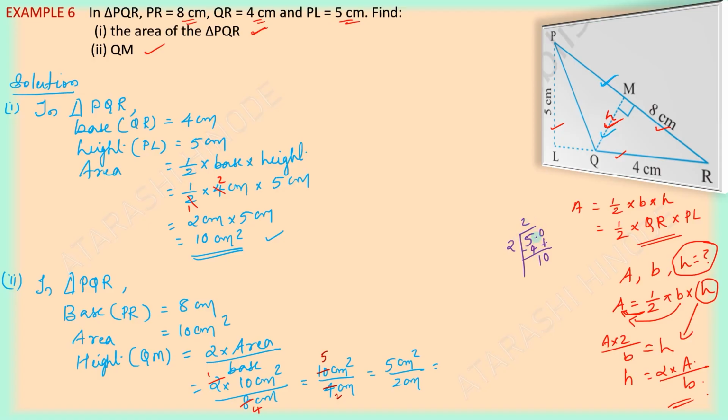Before that, here also we have to put one decimal. And now 10 divided by 2, it is 5. That is 5 2s are 10. When we subtract, we get 0. So here 5 by 2 is equal to 2.5. Now centimeter square divided by centimeter, it is centimeter. So the length of QM is 2.5 centimeters.